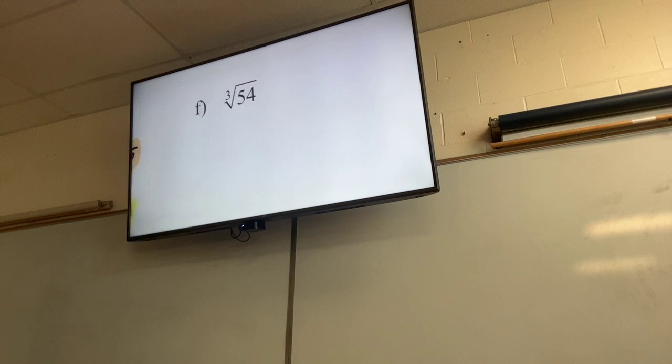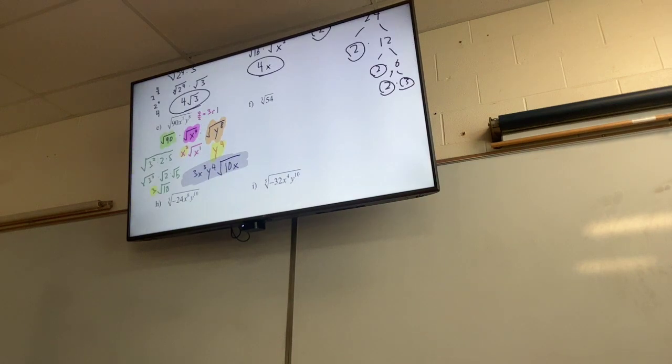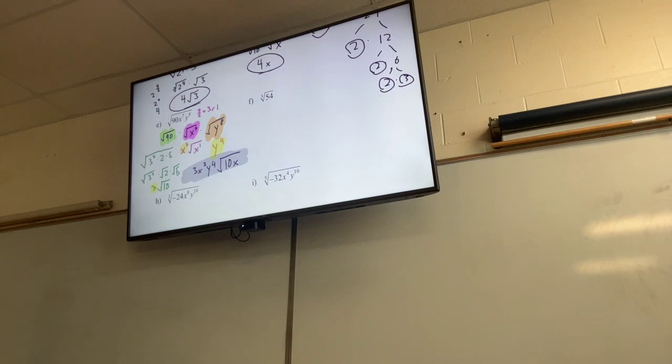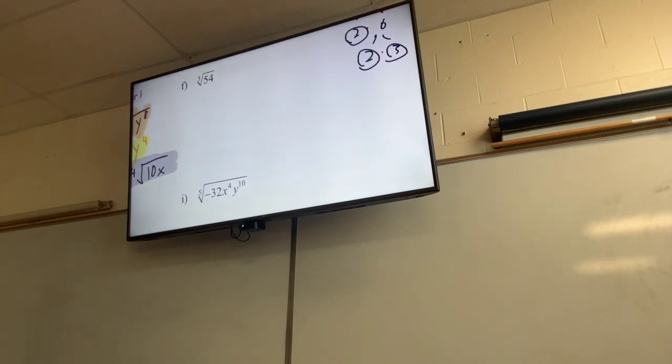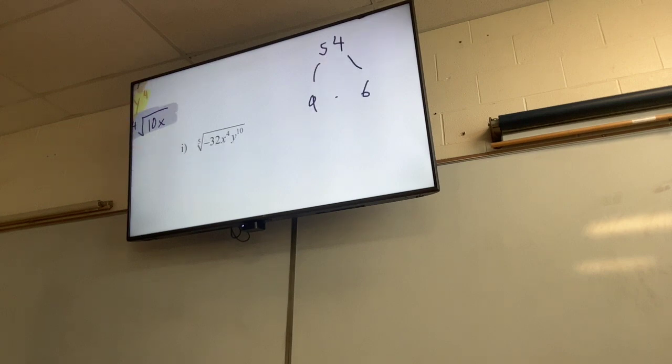All right. Who knows off the top of their head that this is 3 cube root 2? All right. Well, Sophia does. Not everyone does though. So I'm taking this 54, and I'm going to break it up with my Christmas tree. 9 times 6.